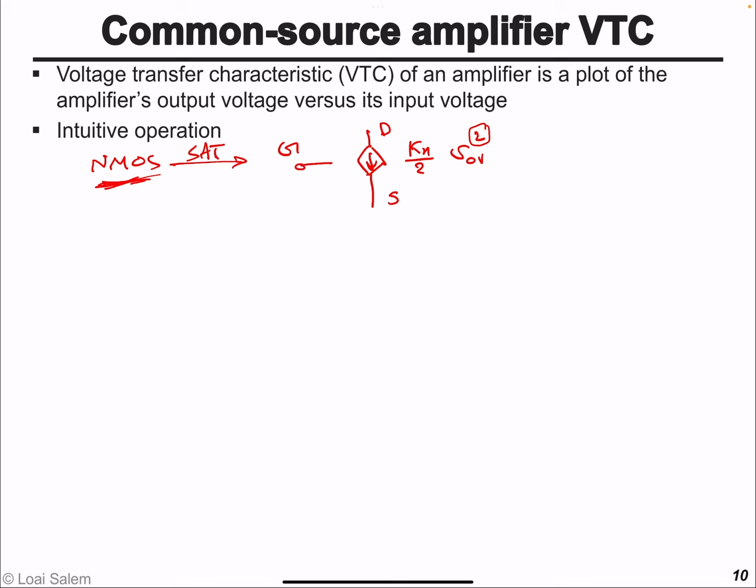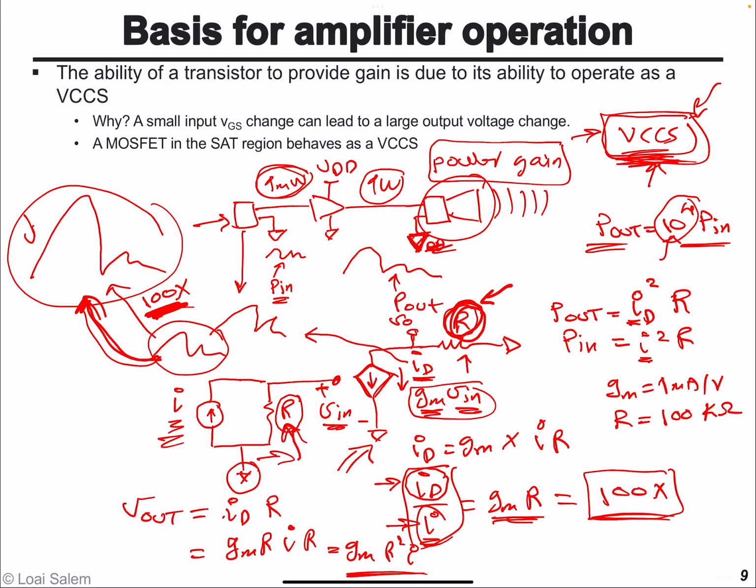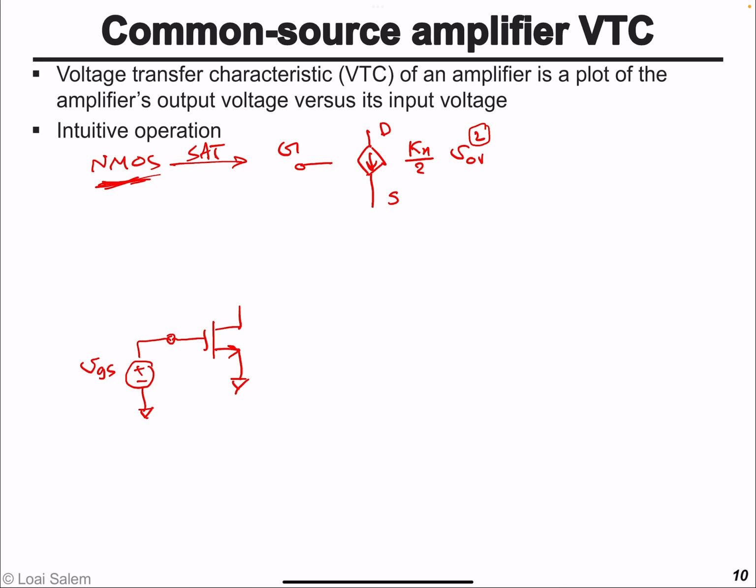So if we use the NMOS and assume it's operating in saturation, and we assume the input signal is connected here, let's call it VGS, and then the load resistance is the equivalent load resistance of the speaker, we are going to call it R.